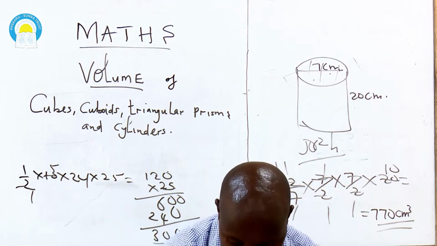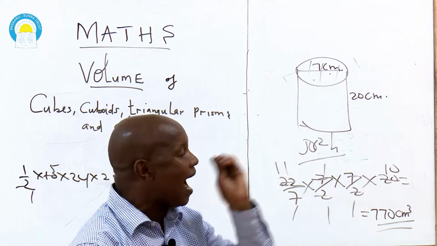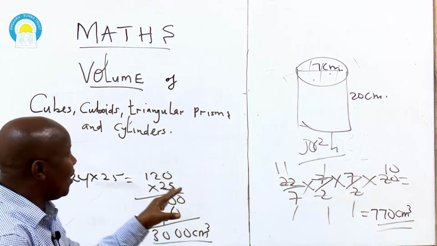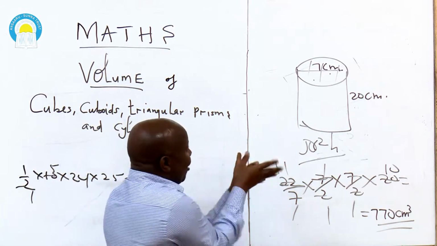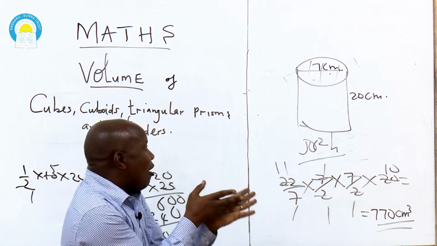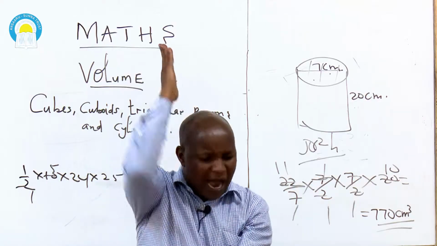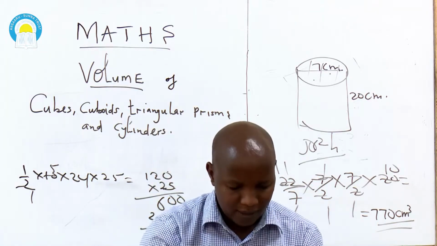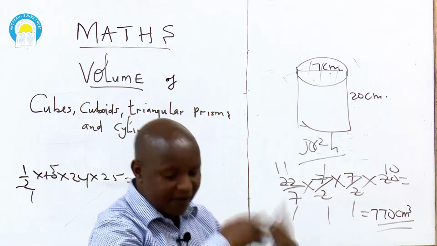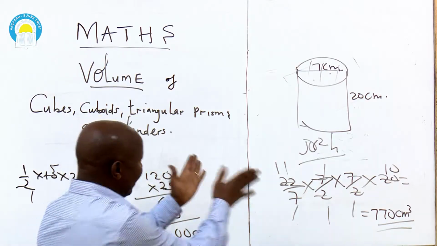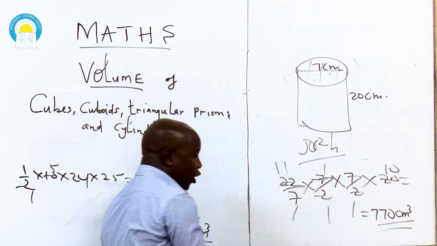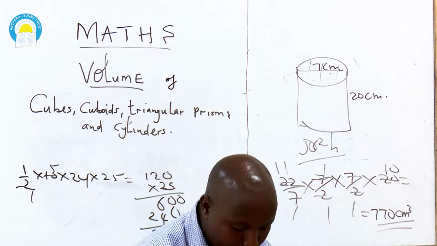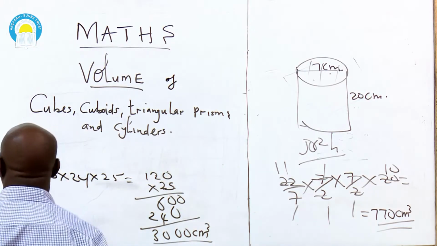Very fast, I want us now to go to the volume of a semi-cylindrical solid. This one is a cylinder, but in the exam they have a tendency of splitting the cylinder into two equal parts. When it's split into equal parts, everything changes. This is a cylinder, but now it's split into 2 equal parts. One side we call a half cylinder.